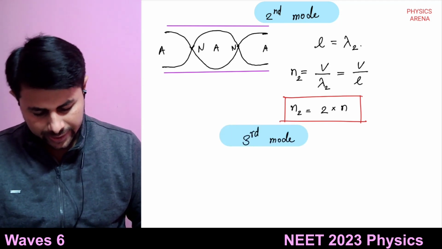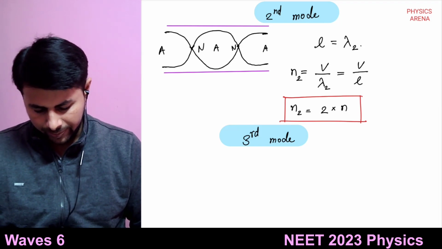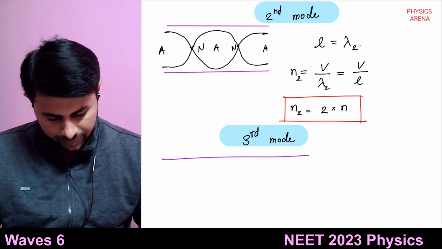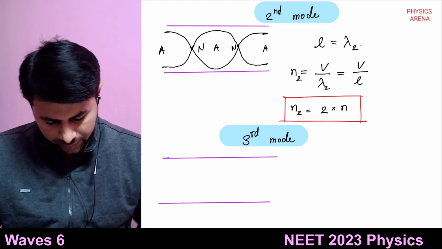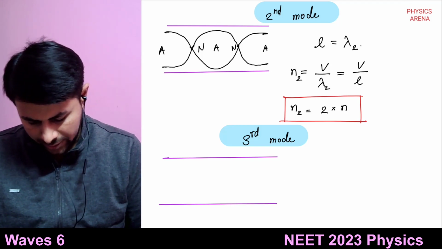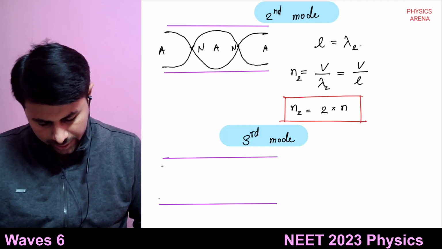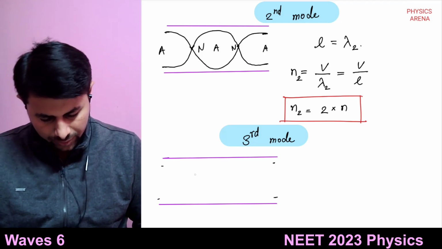So what happens in case of third mode of vibration? If pipe vibrates in third mode, now this is an antinode, an antinode. Now what will happen?